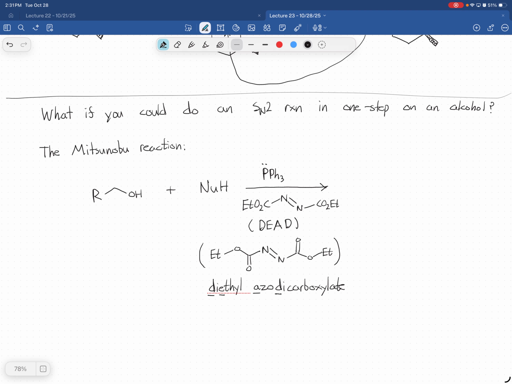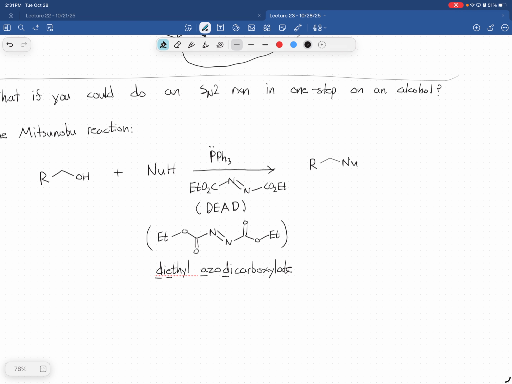So the transformation here is you will create a new bond between R and your nucleophile. The nucleophile replaces where the oxygen of the alcohol was. And now let me just draw the structure of PPh3. It's a phosphorus atom bonded to 3 phenyl groups, so 3 benzene rings, and then there's one coming off in the back here.